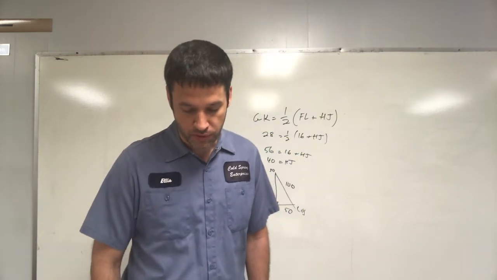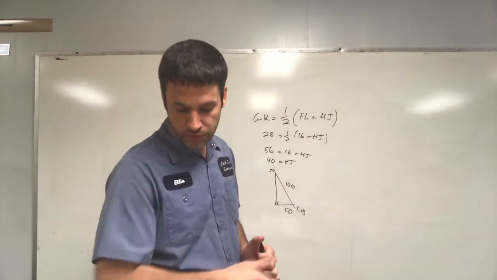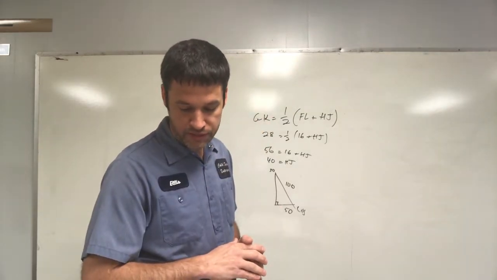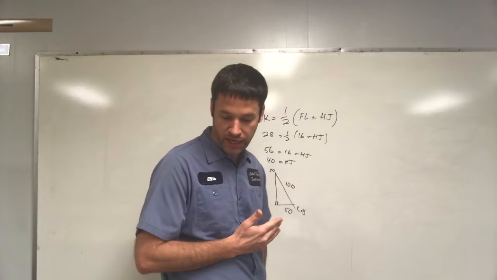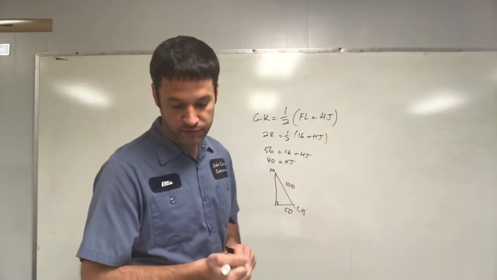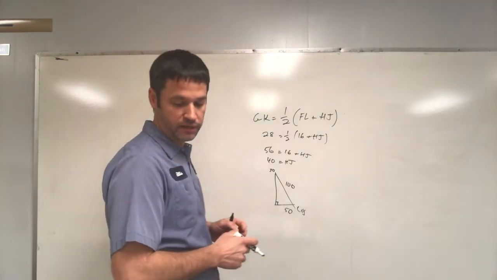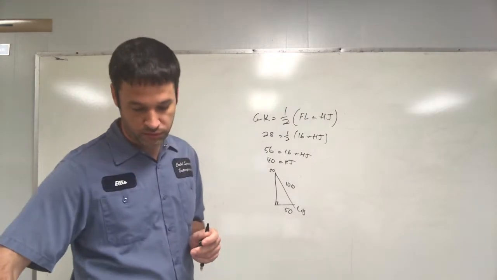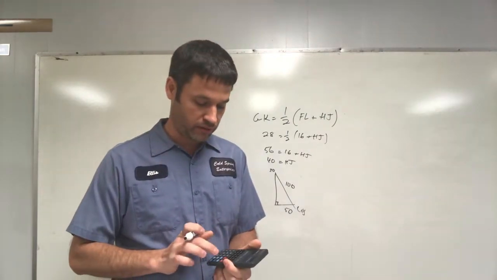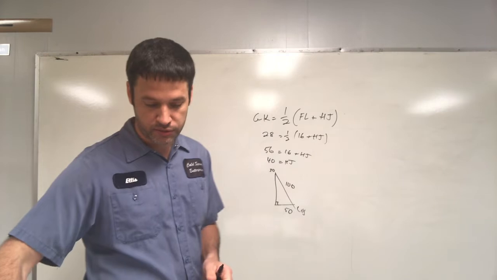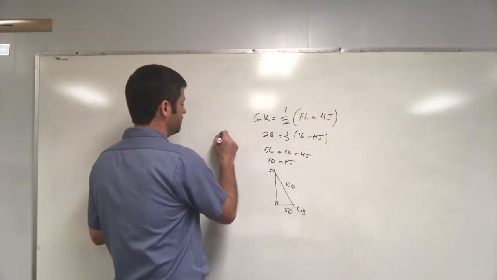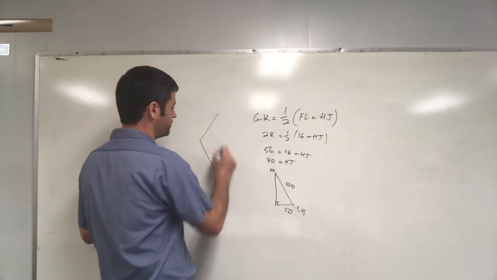The way I would do it is draw a vertical line from Q to S, and that cuts 100 in half, and it cuts 38 in half. So you have 50 and 19, 38 divided by 2 is 19. Then you know that a triangle has to have 180 degrees.